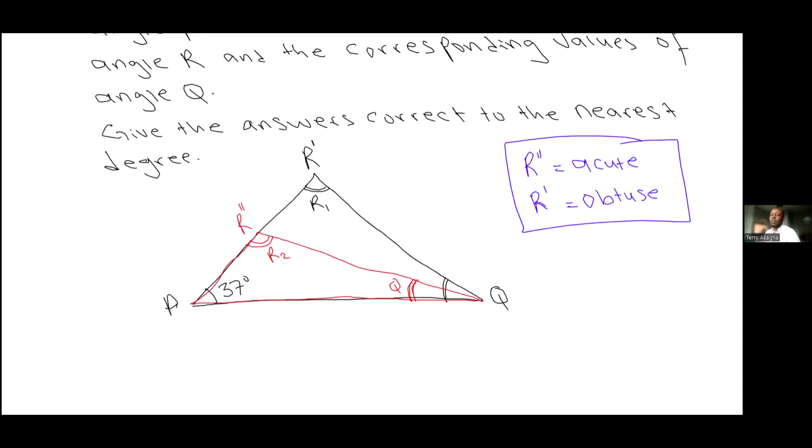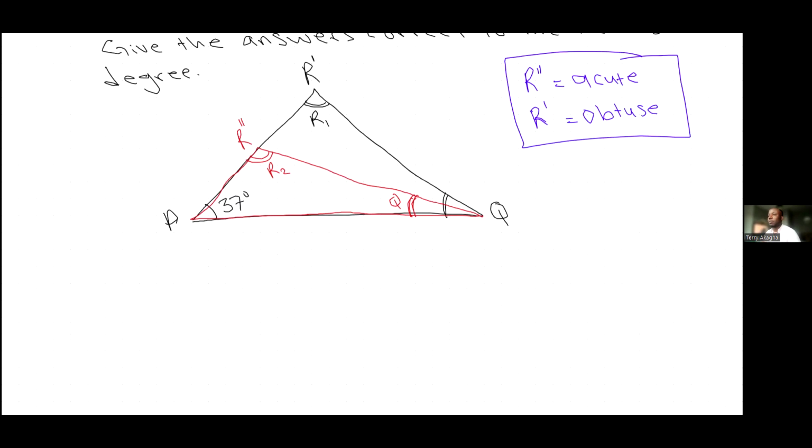So we can now look at this graph in different ways. The possible triangles we have could be the black one here, which was PQR1, or it could be the red one, which is PQR2. Remember, I always tell you we have to label here.